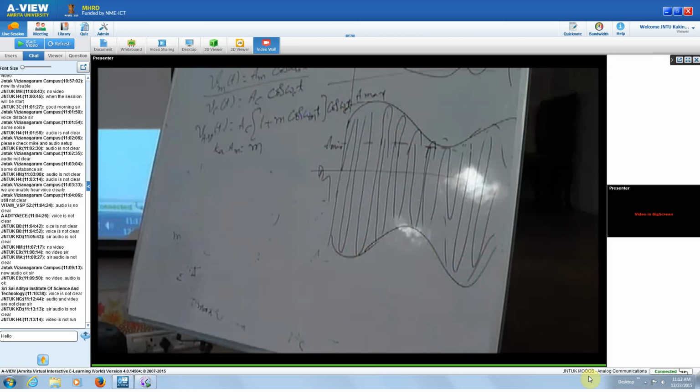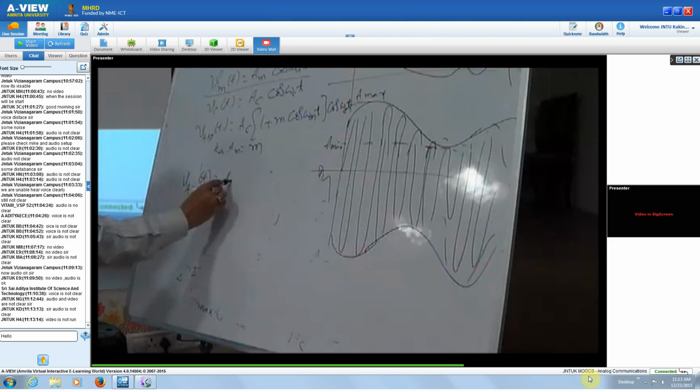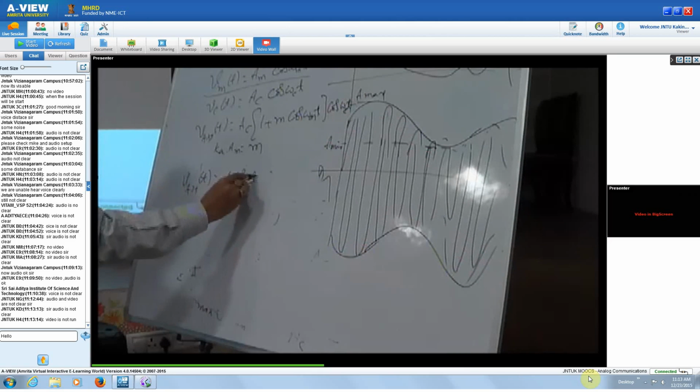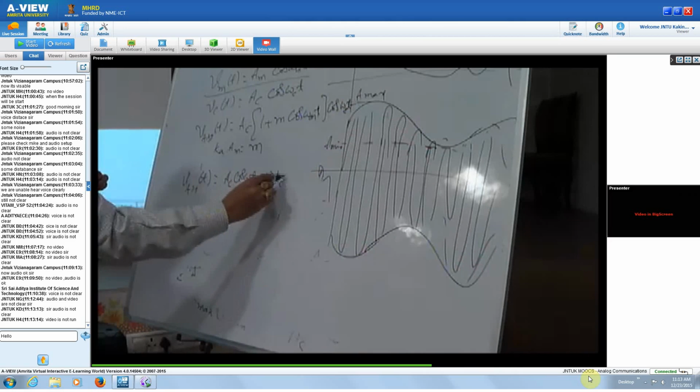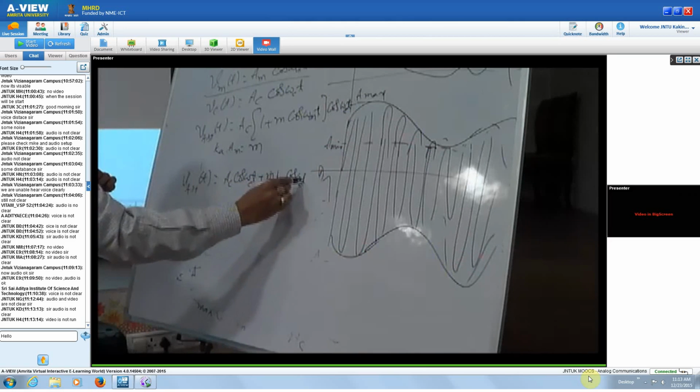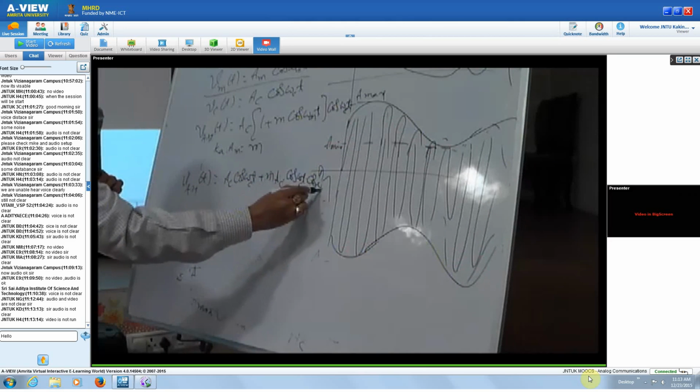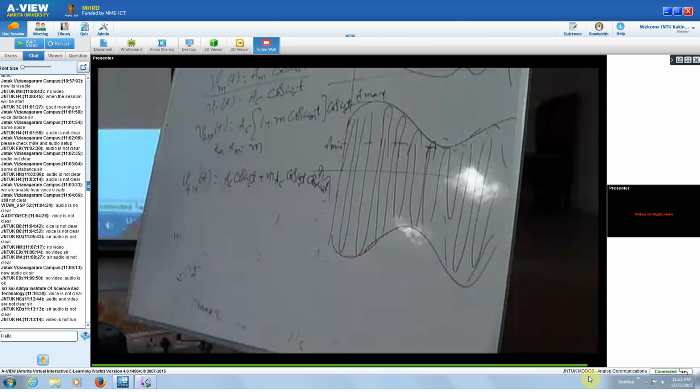Before that, we have v_AM(t) equals A_c cos omega_c t plus m A_c cos omega_c t into cos omega_m t. So this is the signal we have. The first term is the carrier signal.